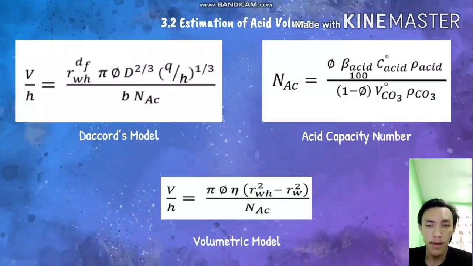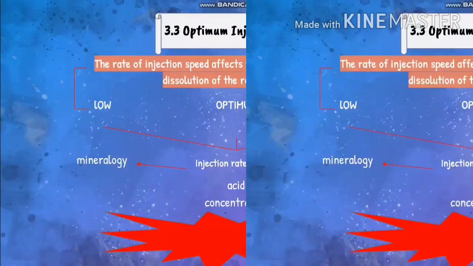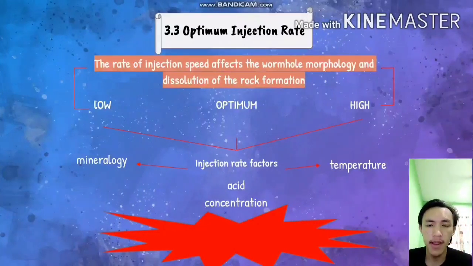So for section 3.3, the optimum rate of injection speed will affect the wormhole morphology, which is the creation of wormholes and the dissolving of the rock in the formation. At low injection speed, the whole volume of acid is used before entering the medium, and then the breakdown of formation will occur.